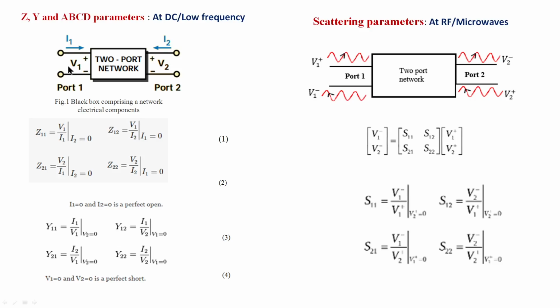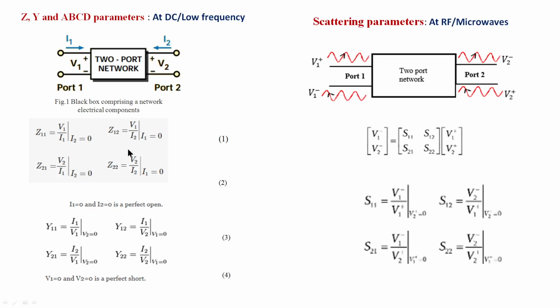At that time, the output should be open circuited, so I2 should be 0. That is the required condition while measuring Z11. Similarly, if you want to measure Z22, this should be open circuited. Similarly, for Z12 and Z21, this must be open circuited. That is a requirement. While measuring these parameters, an open circuit is needed at one of the ports.